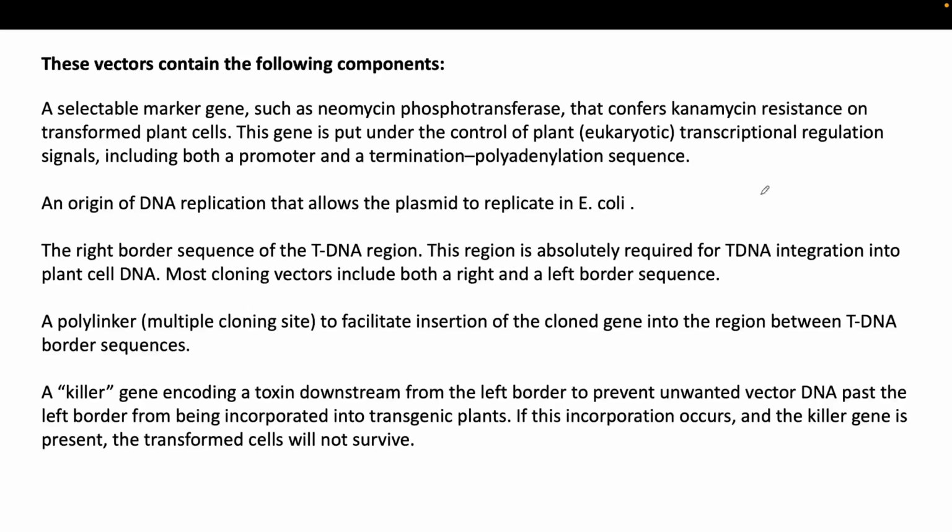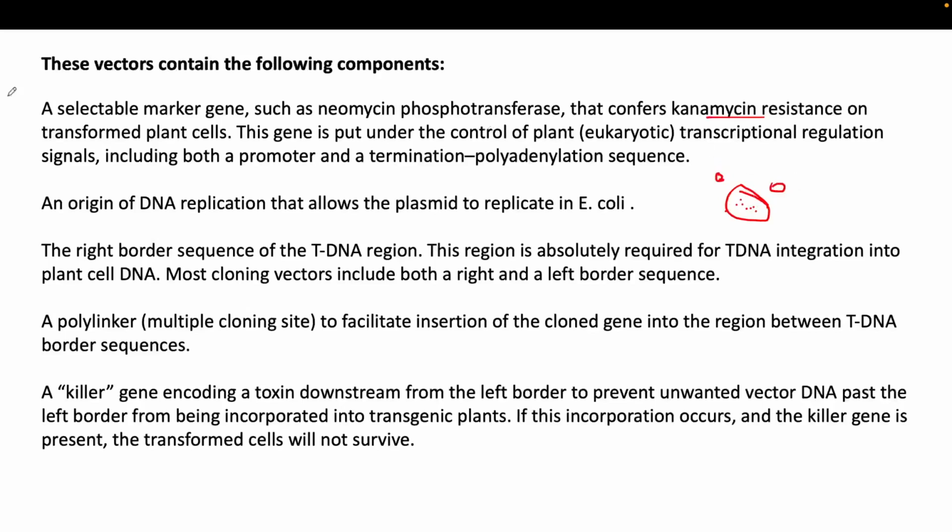Suppose this is the agar plate. When you transform your cell with your target gene, the construct has kanamycin resistance, and this agar plate contains kanamycin. Other cells which do not have this plasmid, or which do not have the kanamycin resistance, will not grow on this plate.